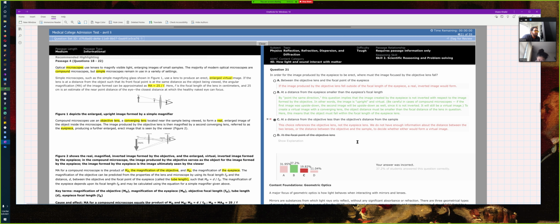Okay, but I think I was confused because this question had two lenses. For two lenses, don't let it psych you out. Just treat the objective lens as something that produces a real image, and then treat that real image as the object for the second lens.